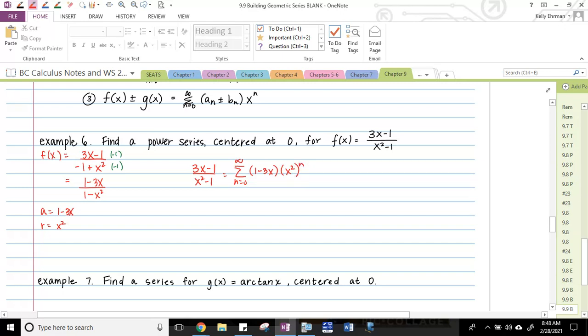And that could be simplified to x to the 2n, if you'd like. We could also look at what some of those terms are if we want to expand it out, but I want to move on so we have time to do these.